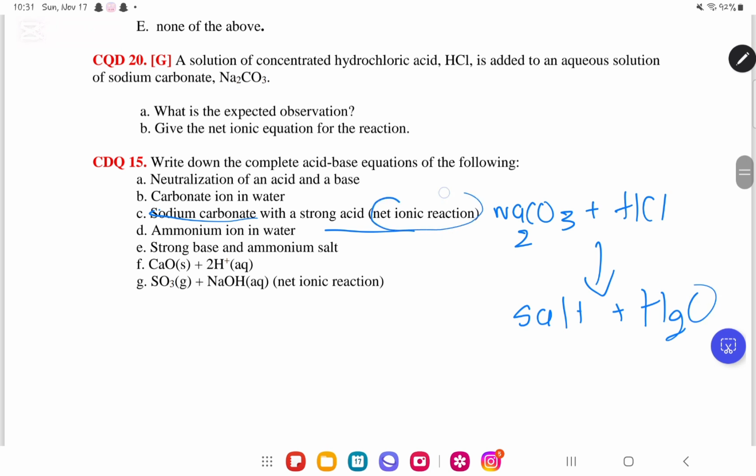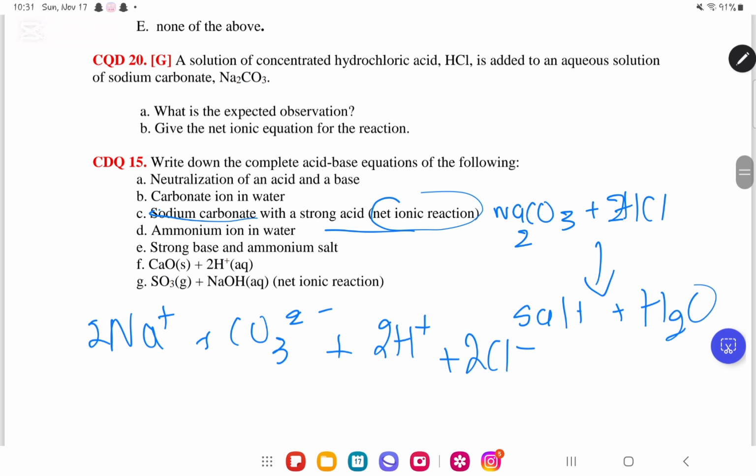Now they need the net ionic reaction. So for the net ionic reaction, we're going to separate them into their ions. We're going to have 2Na+, in addition to CO3 2-, plus this needs to be 2 so it can balance. Then it's going to be 2H+, in addition to 2Cl-.